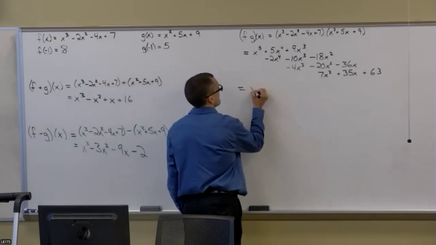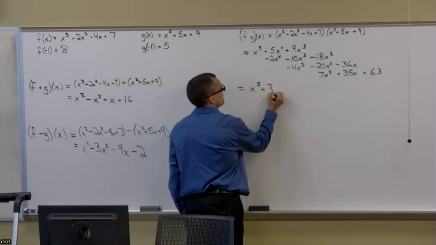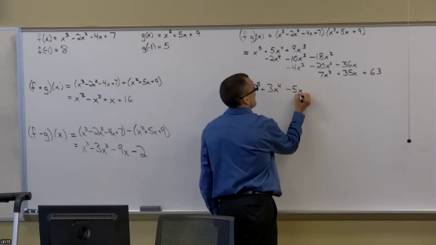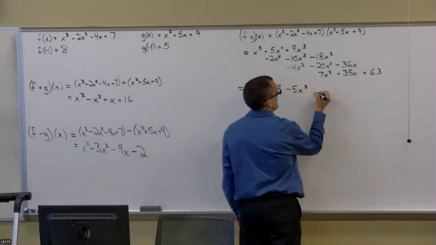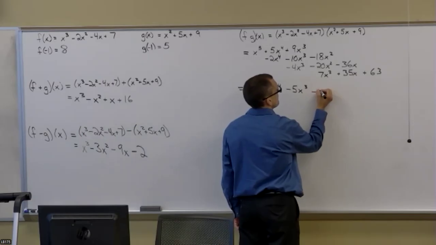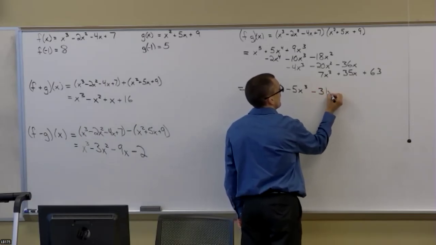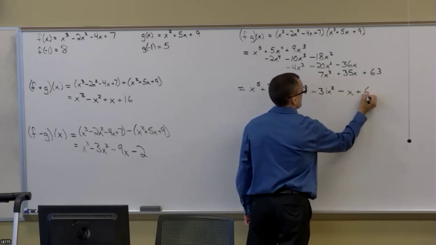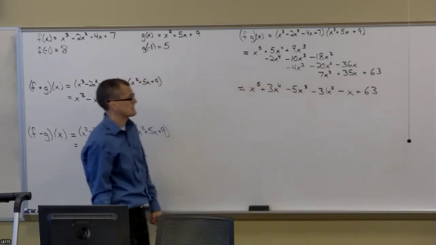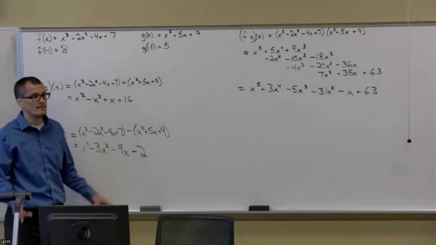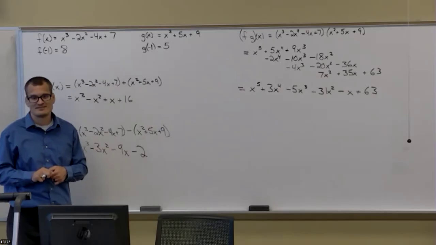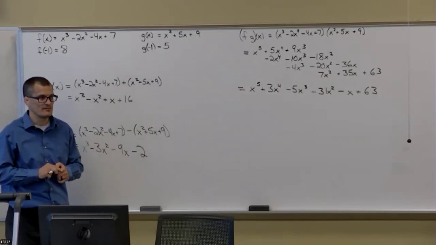All right, so we got x to the 5th plus 3x to the 4th minus 5x to the 3rd minus 31x squared minus 1x plus 63. And if I'm in doubt, try to plug in a -1. See what you get. Or maybe another number.